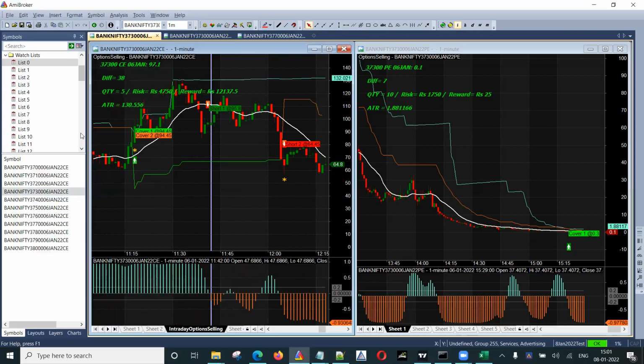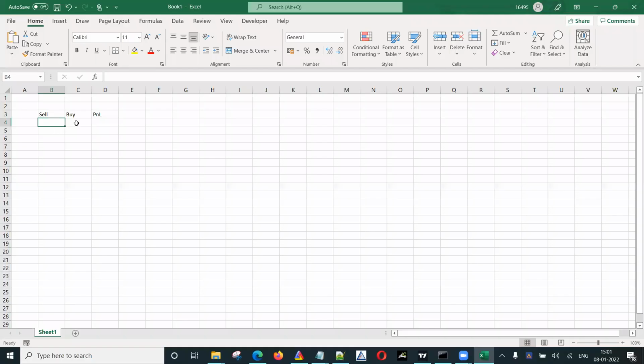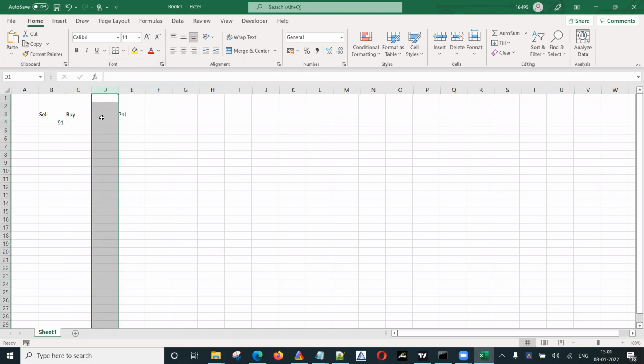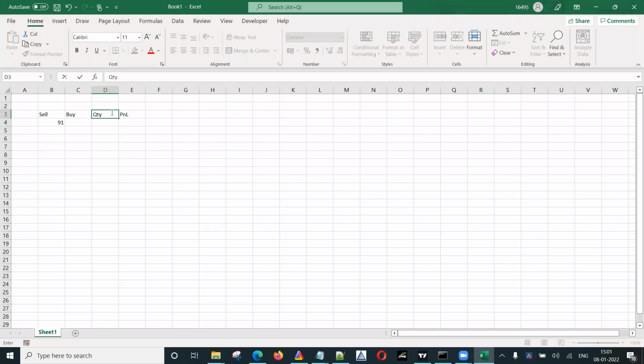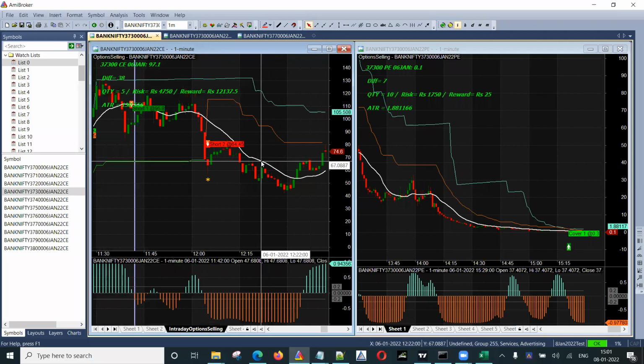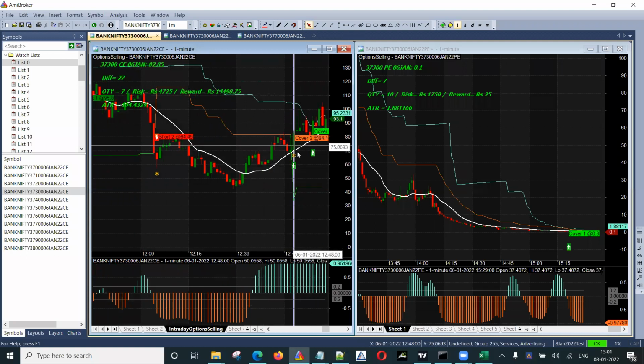So let me add this in an Excel sheet, right? So I am selling it at 97, and also let me put a column called quantity. Sorry, I'm just doing this for the first time, this presentation and webinar. So 5, right, and we move ahead, and we get an exit signal here, which is at 83.